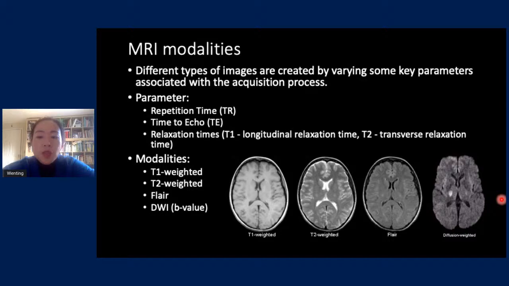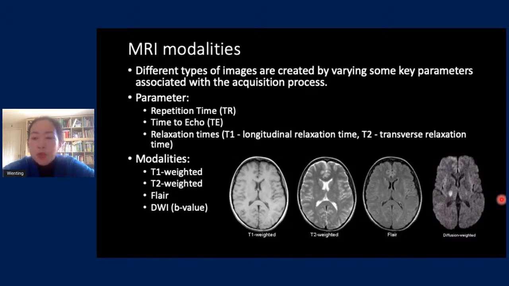We also have tissue that can be characterized by two different relaxation times. One is called T1, the longitudinal relaxation time, which is a measure of the time taken for spinning protons to realign with the external magnetic field.